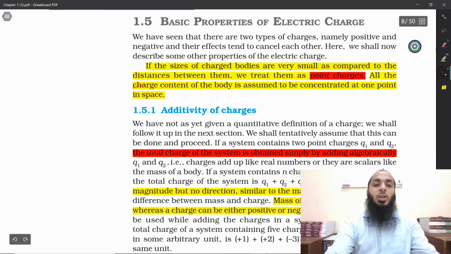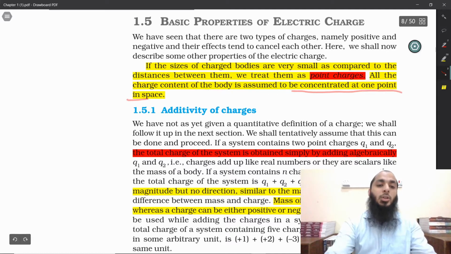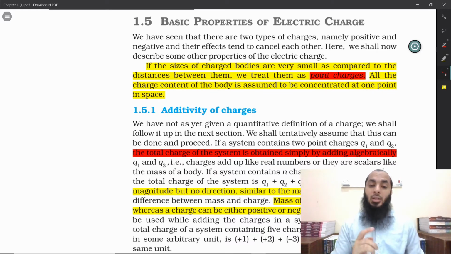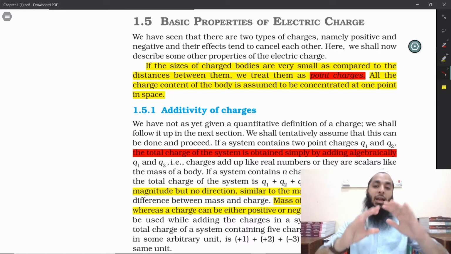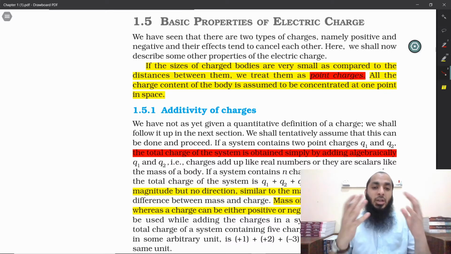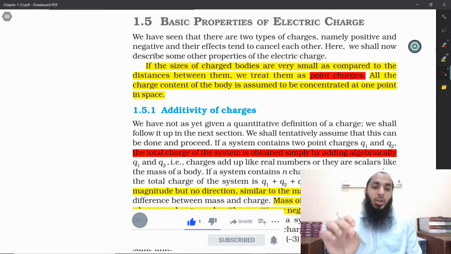All the charge content of the body is assumed to be concentrated at one point in space. We have seen a similar kind of thing in class 11 where we talked about center of mass. Center of mass is a point where the entire mass of the object seems to be concentrated or can be treated to be concentrated. But remember, here center of charge is only possible for point charges.